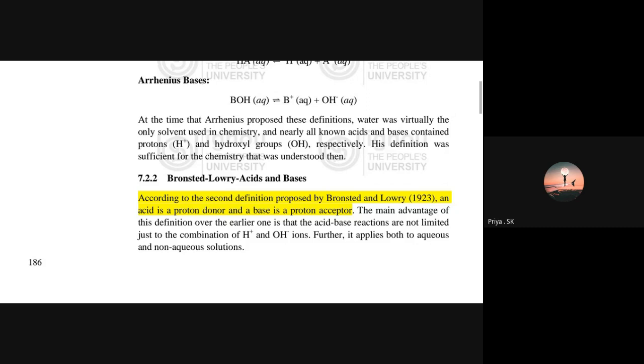So in this reaction you can see HA plus B, HA is the acid and B is the base, then H is transferred to B and A becomes A minus, that is called as conjugate base, and BH plus, that is called as conjugate acid.